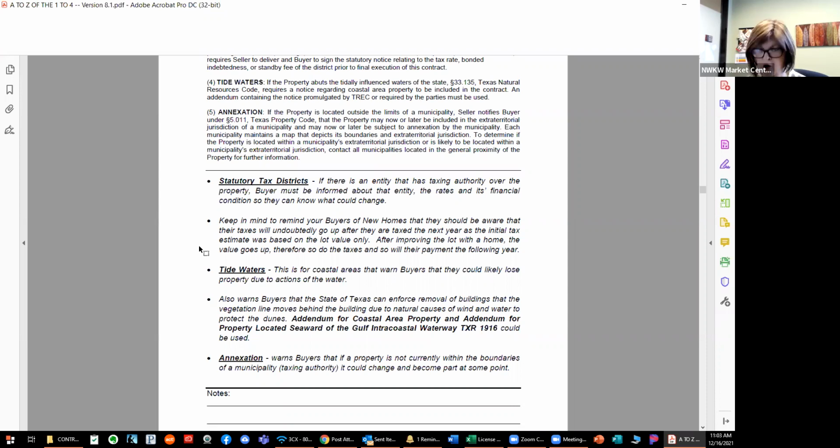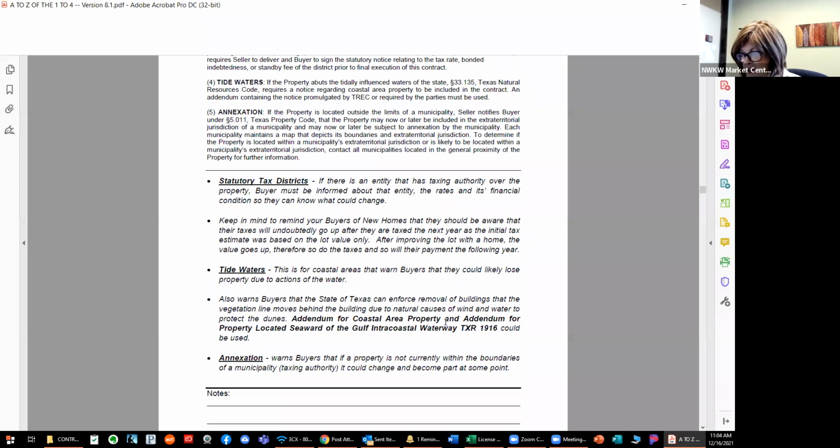When they're buying a new home, the taxes are based on the lot cost only. Once they've added the home onto that lot, next year their taxes are going to be based on the improved property. The tax is based on the lot and the house. Guess what costs more? The house.